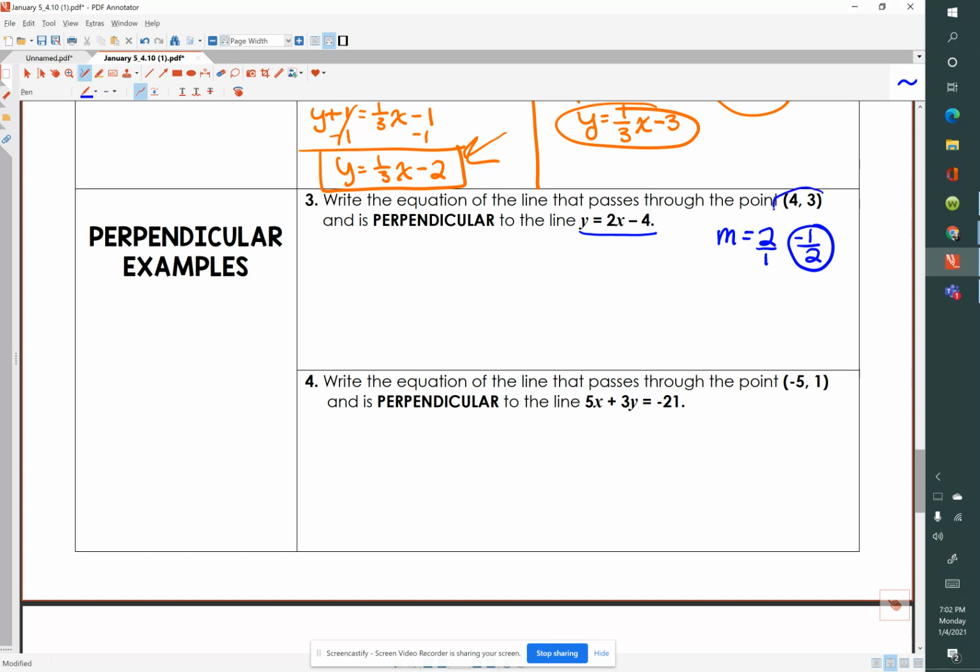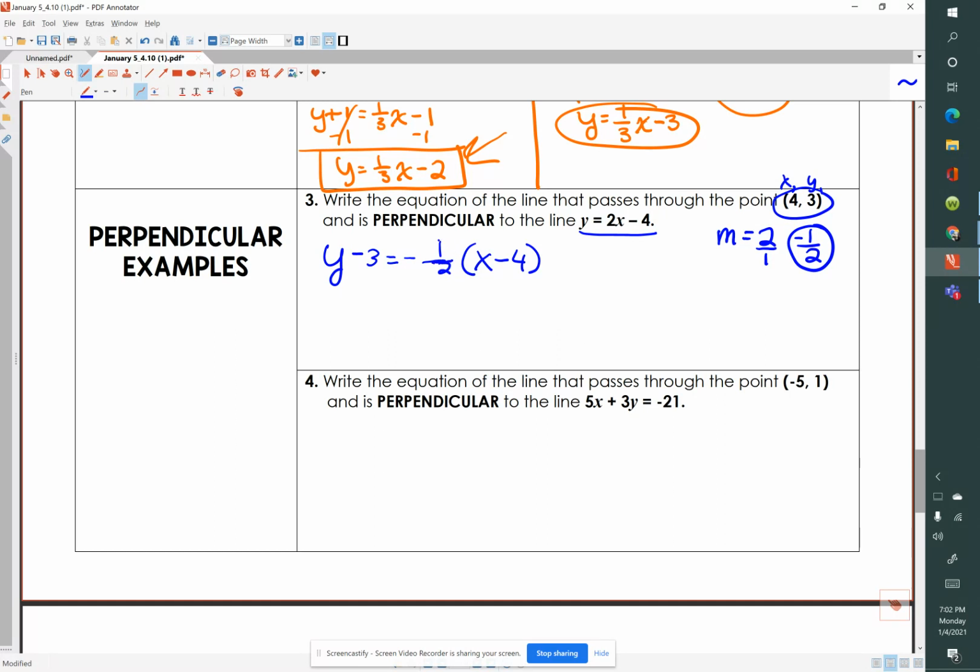And we're going to use the point (4, 3). So let's make our substitution. y minus 3, which is our y1, equals -1/2 times the quantity of x minus 4, the x value in this point.